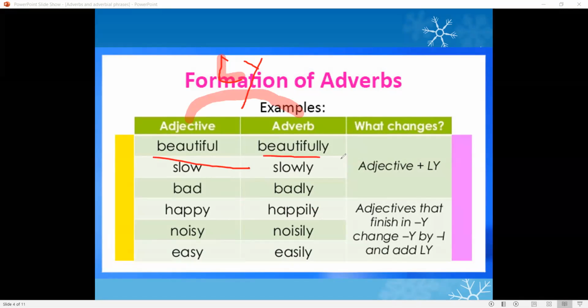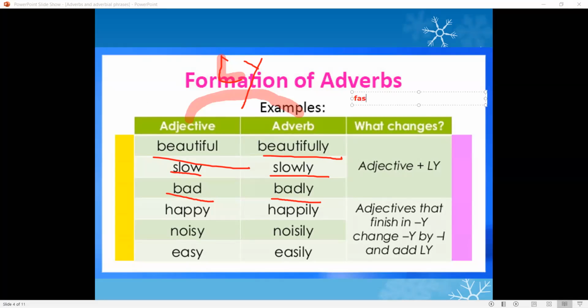Beautiful, beautifully. Slow, slowly. Bad, badly. Pay attention to this. We have quick, quickly, but fast is not fastly. Again, fast is not fastly.